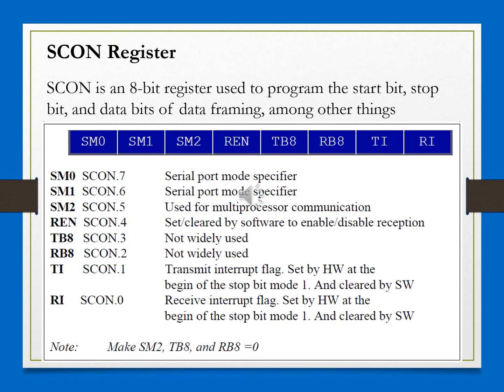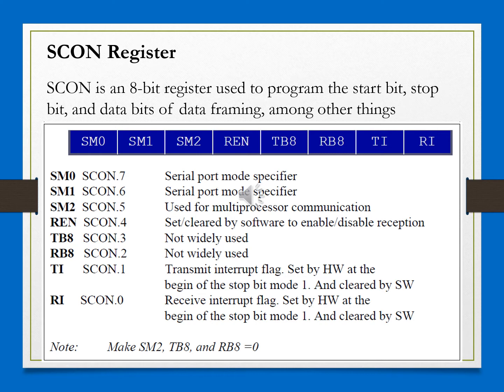The next register that is used in serial communication is the SCON register. It's an 8-bit register, and it is used to program the start bit, stop bit, and data bits while data framing, along with other things. The other things are shown here as different bits. First go through these bits, then I'll be explaining in the following slides what each bit means.